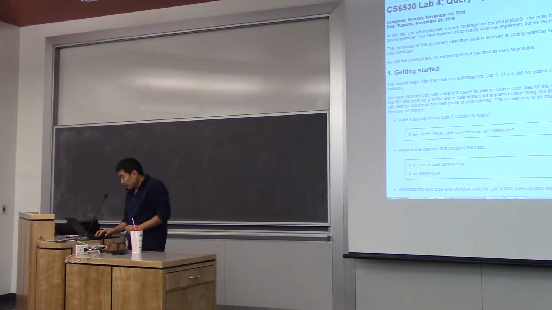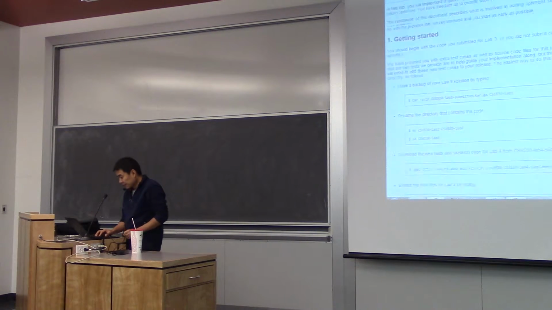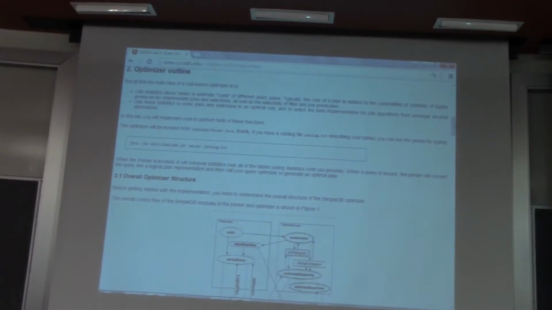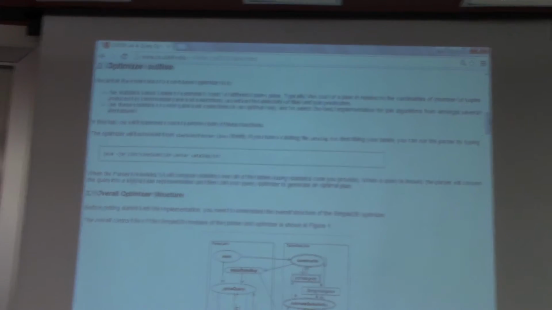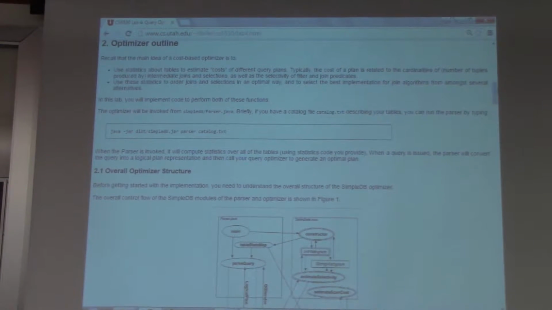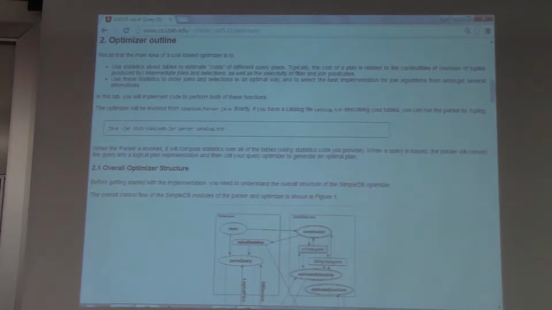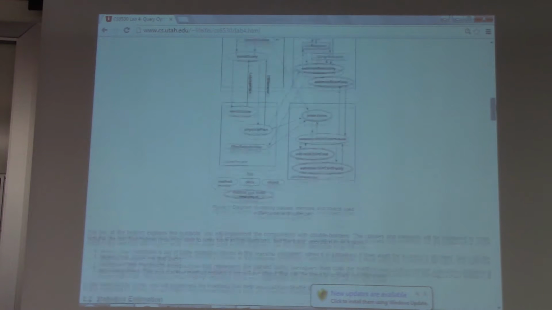So what this one does is, the outline of the core optimizer is as follows. Basically, it follows exactly the same sequence of discussion we had in our lecture slides. So we start with an overview of the core optimizer.